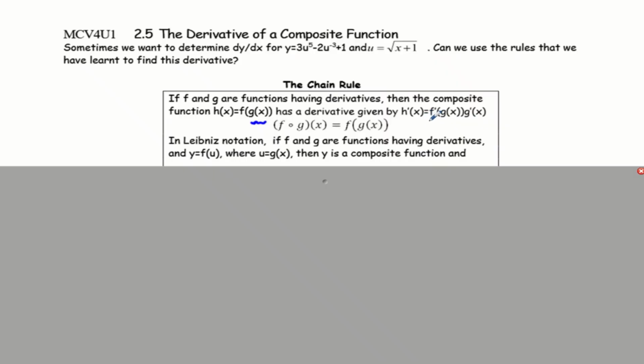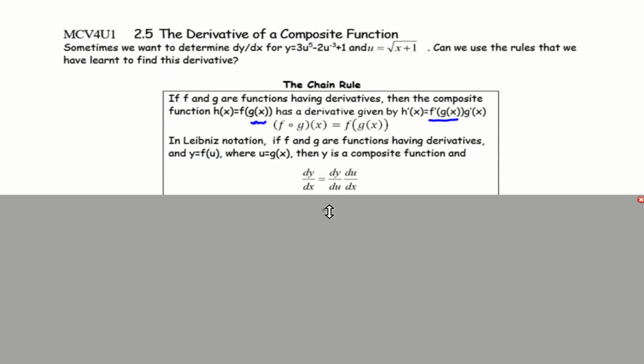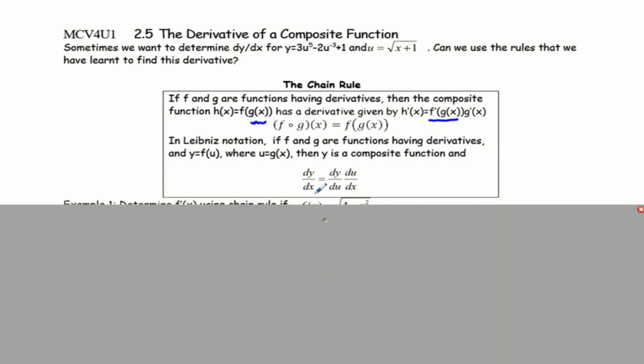We take the derivative of function f, treating g of x as one variable, then we multiply by the derivative of g of x. Sometimes it is written as f composed with g at x. In Leibniz notation, dy over dx equals dy over du times du over dx.